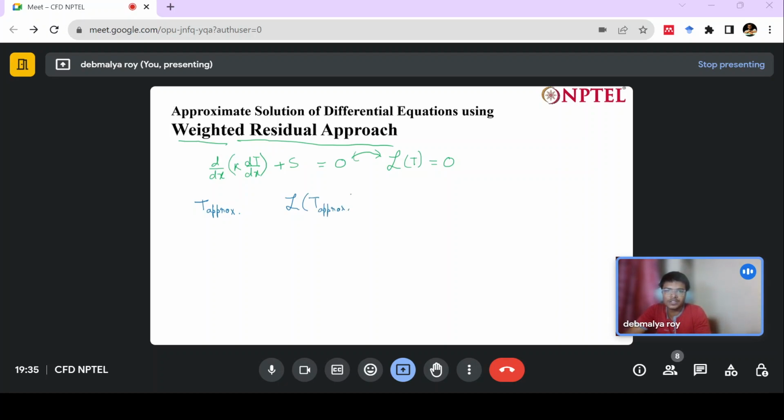Now this becomes an expression. This will be some non-zero value, but this will not be exactly equal to 0. So what we will do is basically this minus, this is the exact one. This we will name as some residual R. So this is the residual.